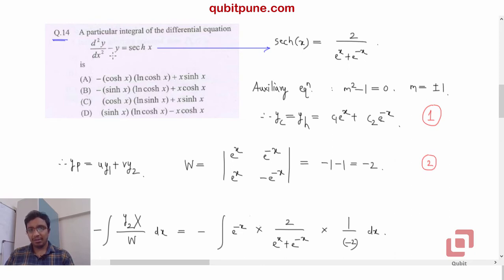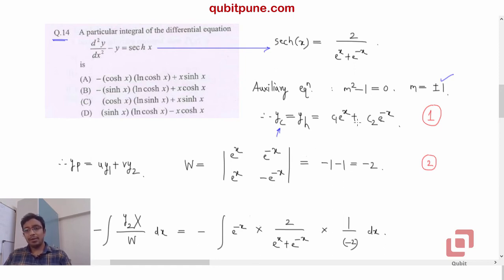Secondly, this differential equation is a linear differential equation with constant coefficients of second order. So we can very easily determine the auxiliary equation from the left hand side, which is m squared minus 1 equal to 0. If you solve it, you will get the roots as plus or minus 1, and this is going to give us the complementary function yc, or in some books you will find that the author calls it yh, which also stands for the general solution to the homogeneous differential equation, where sech of x is not there, or it's 0.